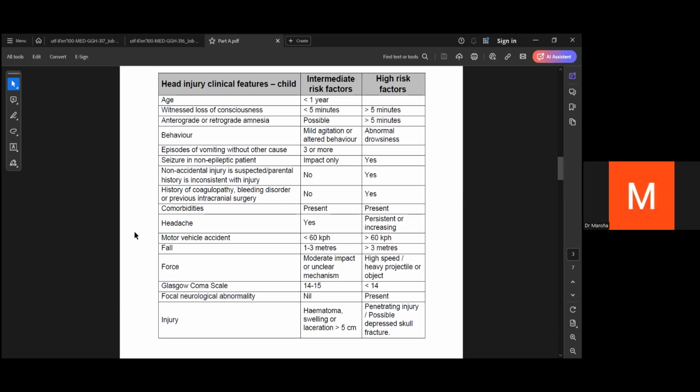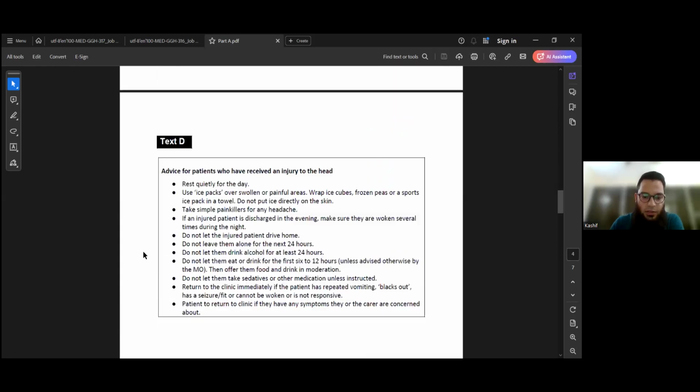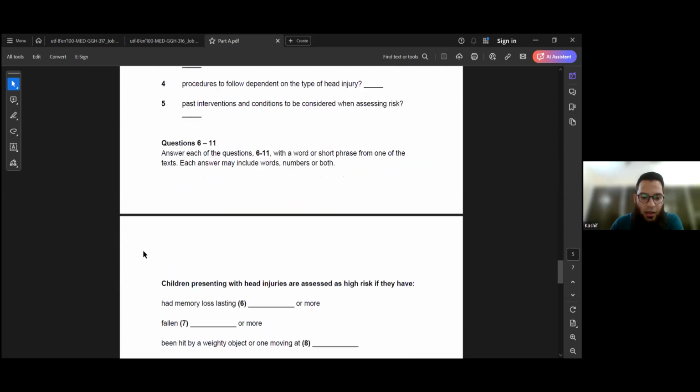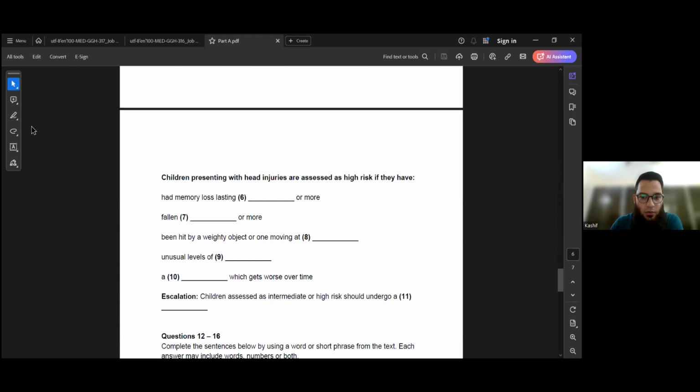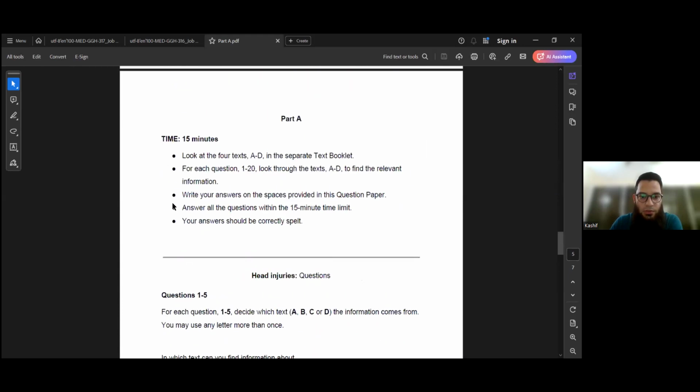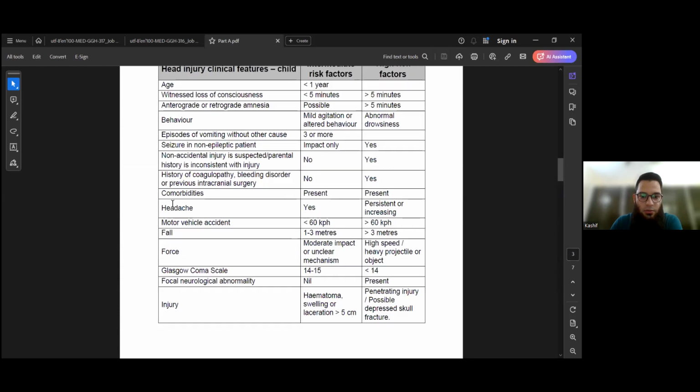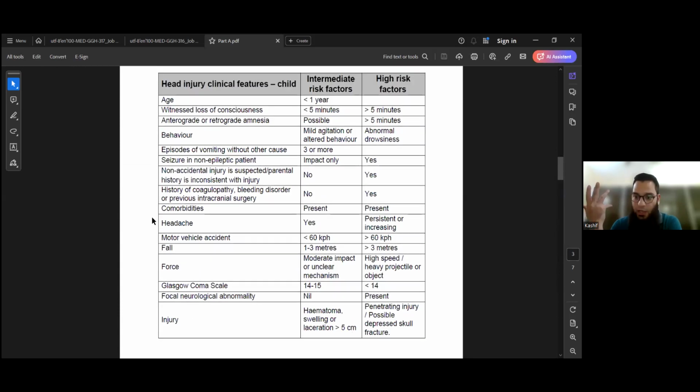Before answering your question, please understand they are asking you about those assessed as high risk, not intermediate risk. So please make sure you answer high risk questions, not intermediate. So please, fallen from what height? And being hit by a weighty object or some object which is moving, so where is the speed?